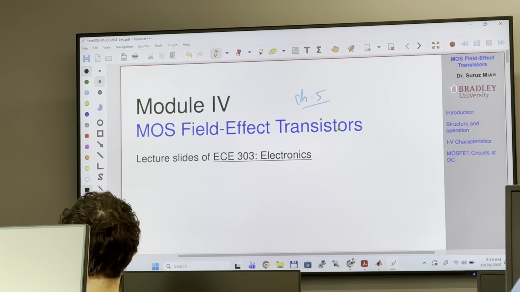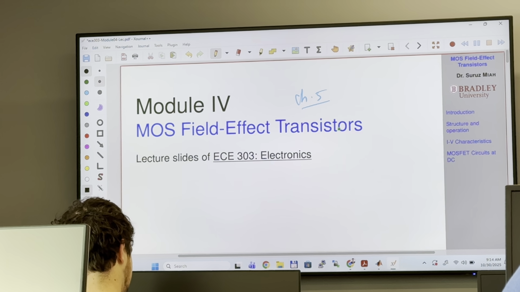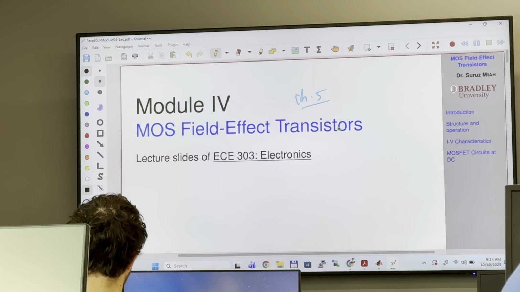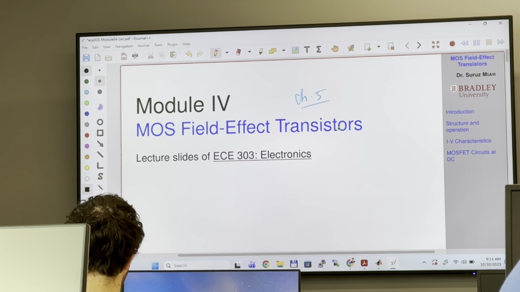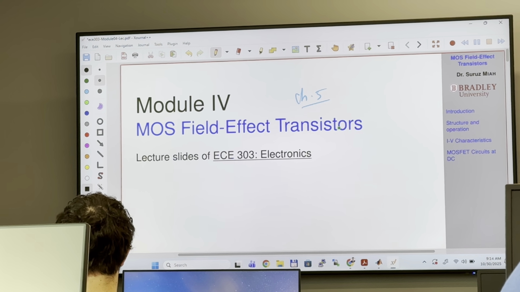Today I will be going over theory. I have one example. Make sure you understand the theory, operating principle, how it works. If you understand, then it's very easy for you to conduct the lab. I plan on having one lab based on this MOSFET. We have ordered parts. Parts should arrive next week.